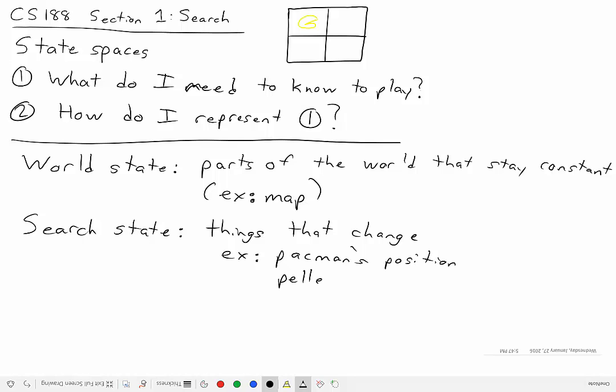You can think of many more, like the ghosts, or multiple Pac-Man on the board. In general, this is what the world state and the search state are, and we're going to focus on the search state because that's what we need for planning and that's what we need to decide on.